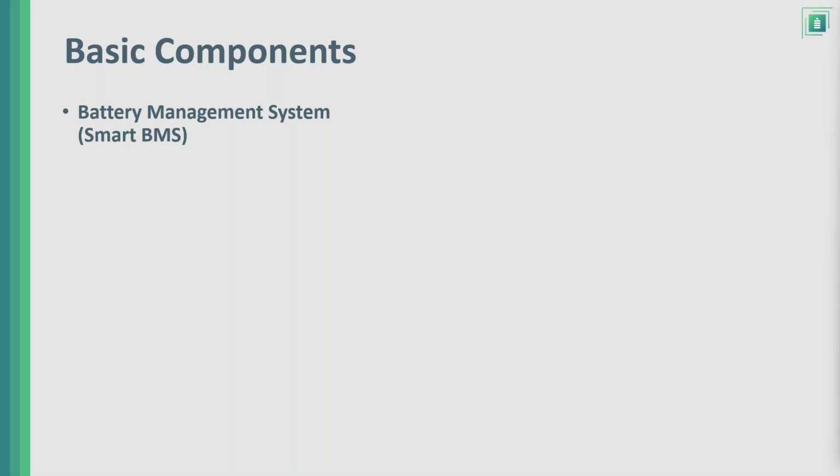Okay, so when the first lithium batteries came out, of course they had a BMS, but the BMS was pretty much used to make sure that the battery was being charged or discharged properly. On top of that, it would establish communication between multiple batteries.